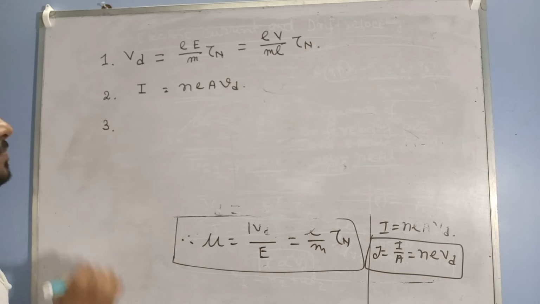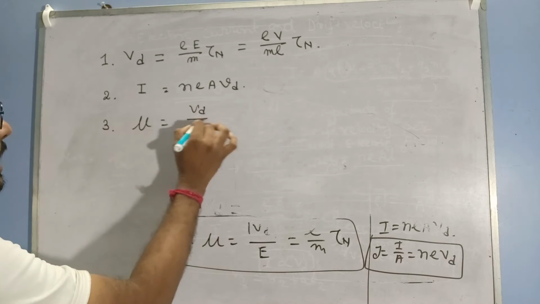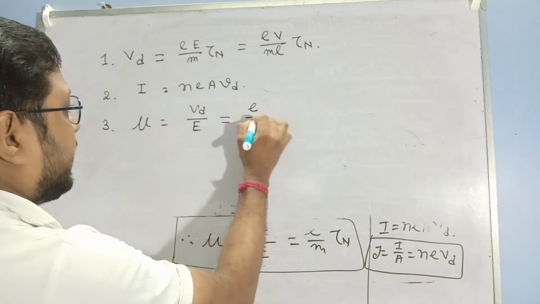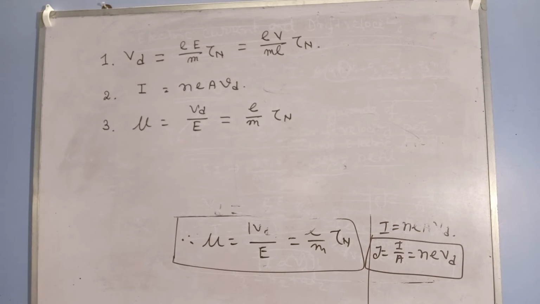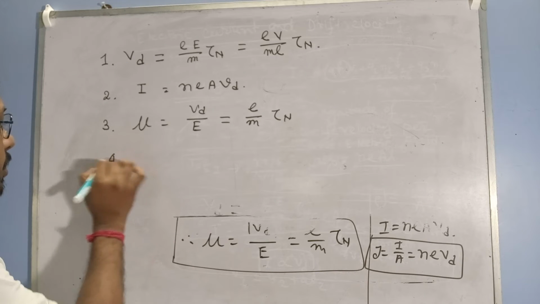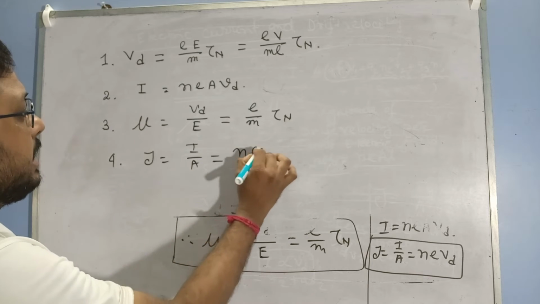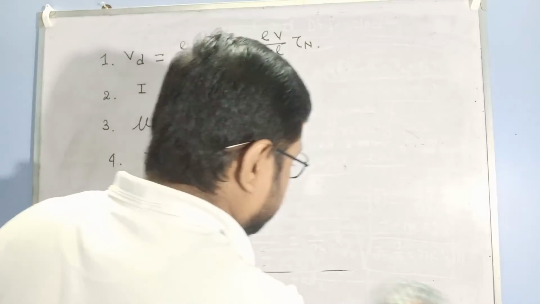Number 3, mobility μ equals Vd by E, that is eτ/m. And number 4, J equals I by A, that is neVd. We get these four important equations from this chapter.